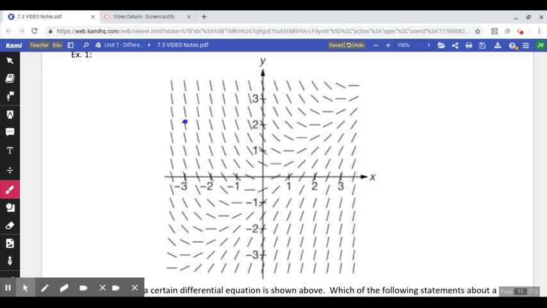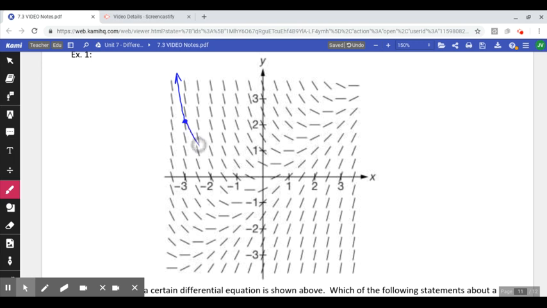Keep in mind the scale with this is not every slope is 1 on the tick marks there. So 1 would be right here, and then 2 would be right here. If you don't pay attention to numbers, that's a gotcha. At -3, 2, we want to try to graph the equation of that particular solution.